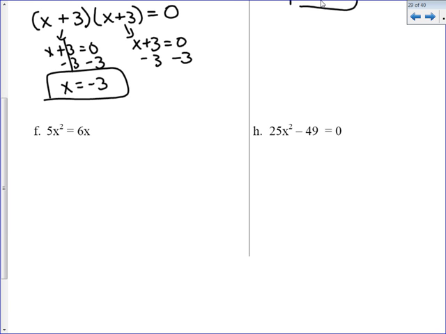Squared. They have that variable squared. So notice, having that x squared makes this quadratic. Even though it doesn't have 3 terms, that's okay. It's still a quadratic. And there's 2 steps to solve our quadratics. First, it's got to be equal to 0. That's how you solve quadratics by factoring. They have to be equal to 0.